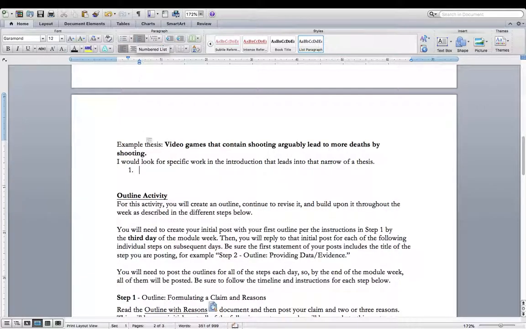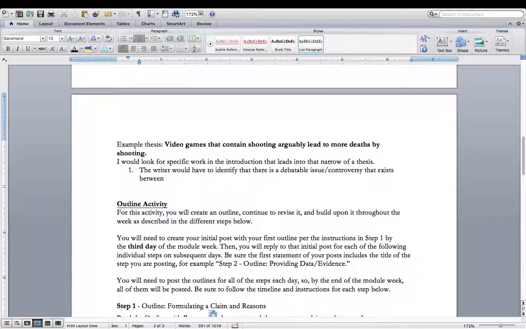I wanted to use numbers instead. So first, the writer would have to identify that there is a debatable issue or controversy that exists between video games with shooting and death by shooting.